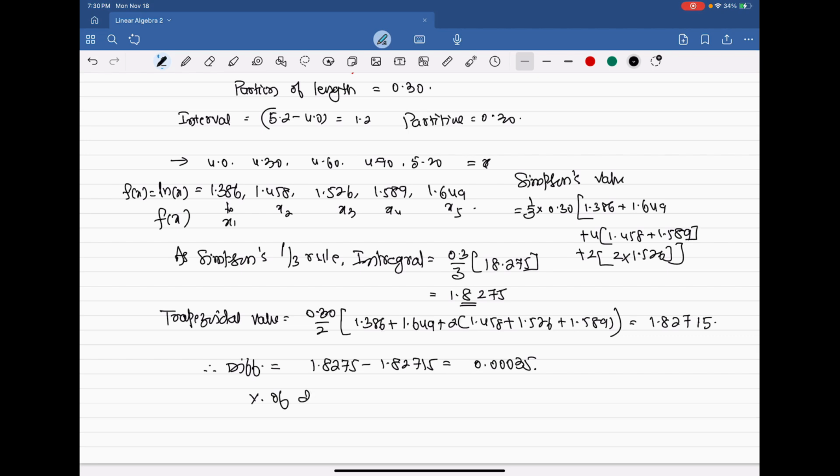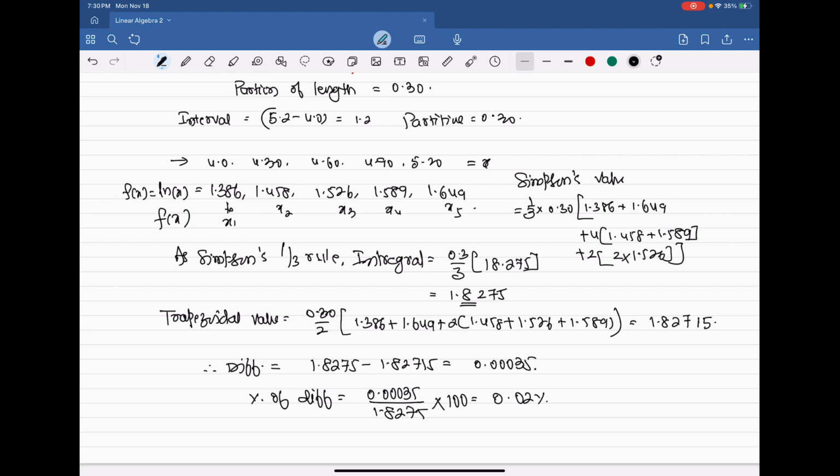Percentage of difference is equal to 0.0035 divided by Simpson's value, 1.8275, into 100, which is about 0.02%. That means almost the Simpson's 1/3 and trapezoidal values are matching.